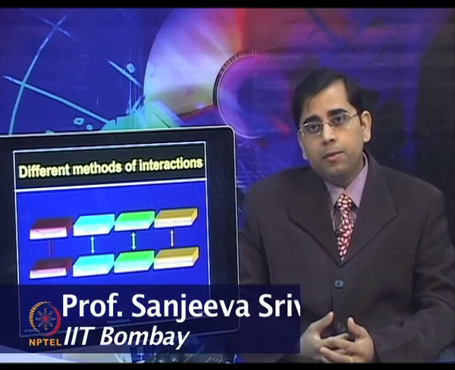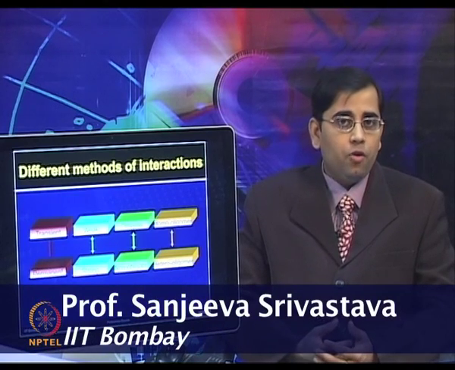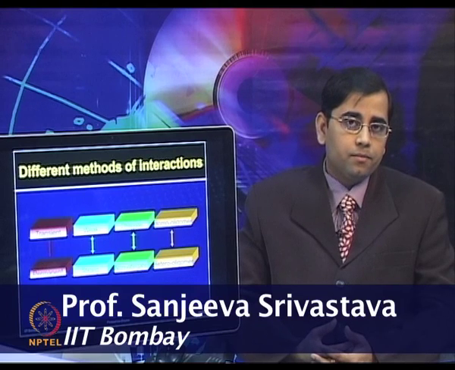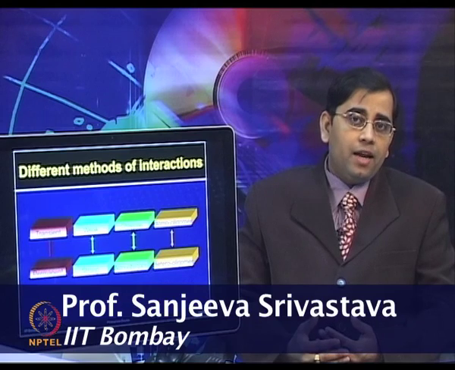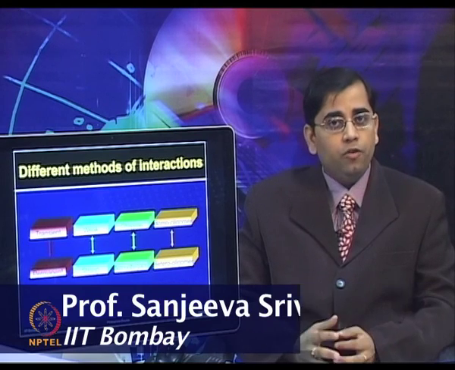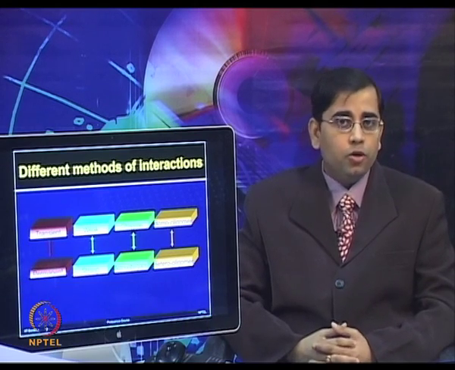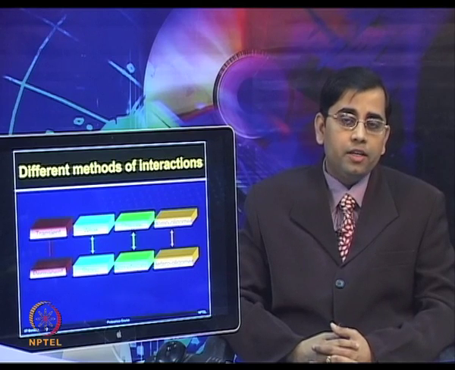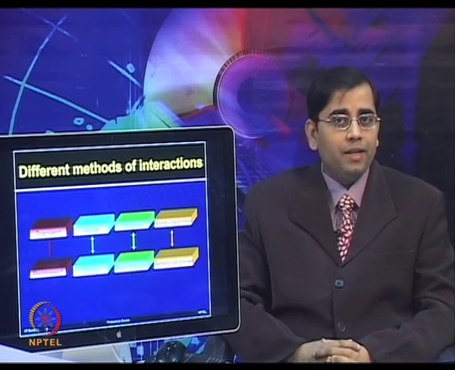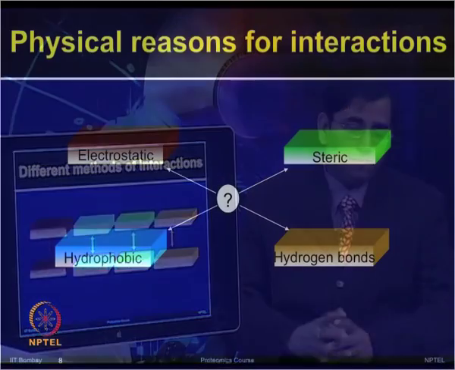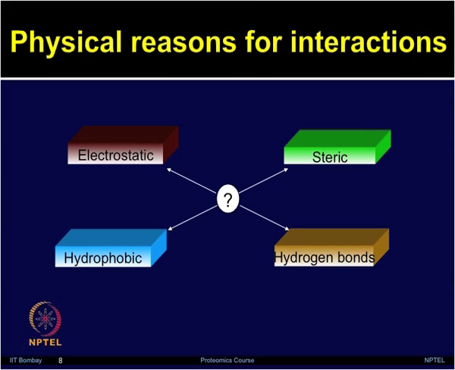So, this gives you a glimpse of the complexities involved in interactions, because studying interactions requires various types of technologies just because of the diversity of interactions as well as the different complexities involved. So, what are the physical reasons for these interactions?